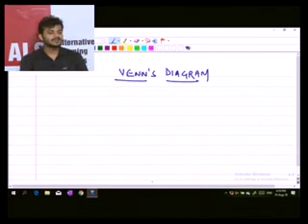Venn diagrams are a kind of representation for sets, which we use in the denotation of sets. Now, where did it come from? First of all, where did it come from?